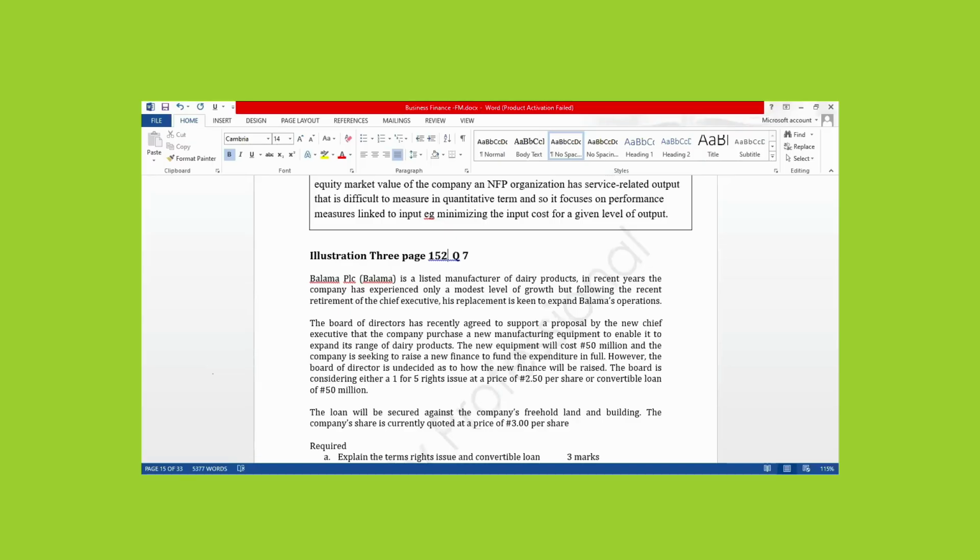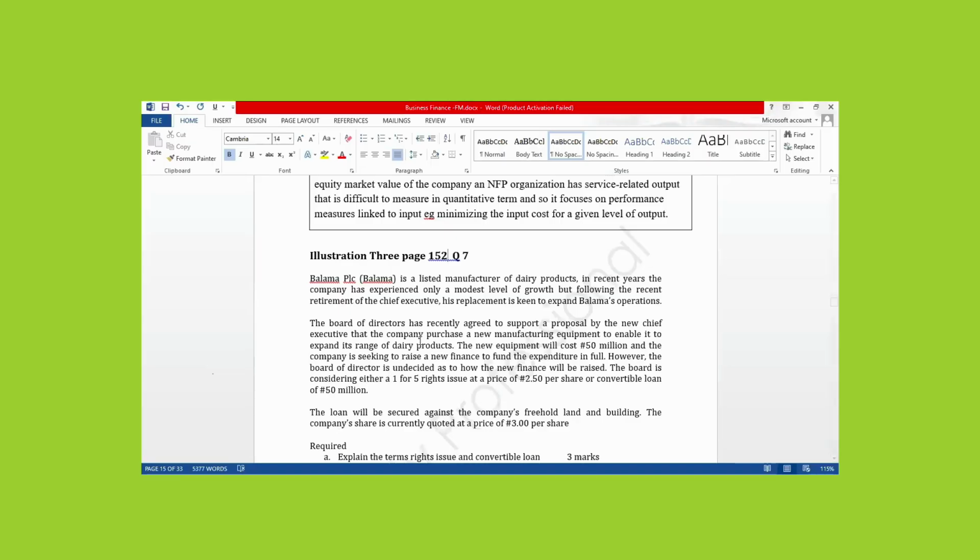The loan will be secured against the company's freehold land and building. Look at it. Secured debt. The debt will be secured on the company's assets. What that means is that in case this company cannot pay back, the lender will go to that asset.